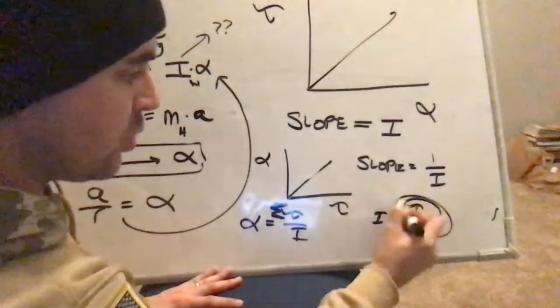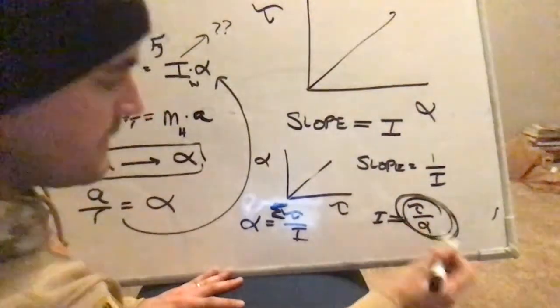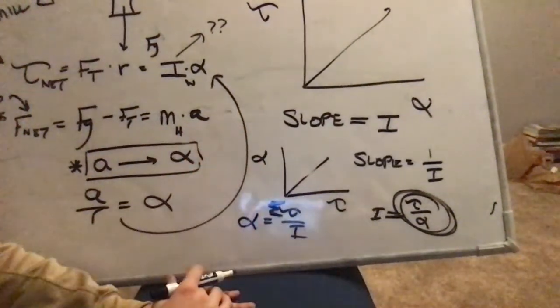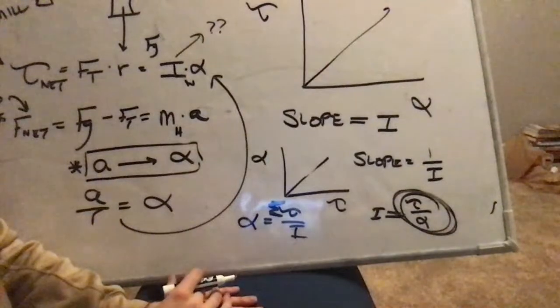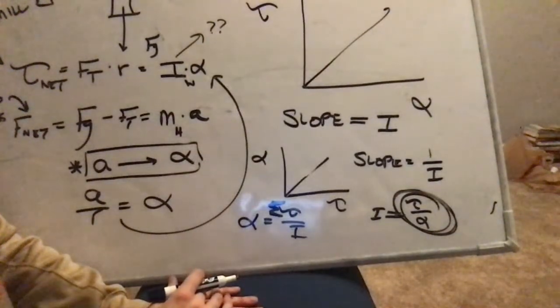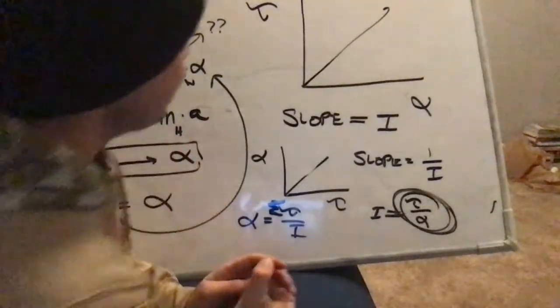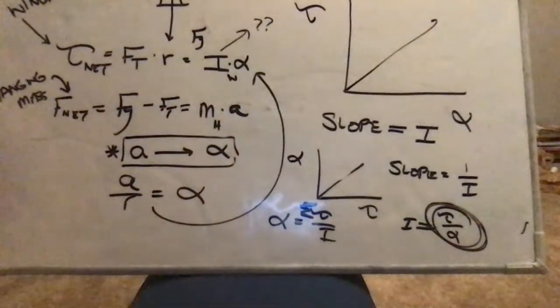So anytime I see torque over alpha, I know that is equal to my rotational inertia. So the slope of this graph is actually the inverse of rotational inertia, while the slope of the graph with torque on your y-axis is the rotational inertia of an object. That is a great question that pops up a lot of times on AP exams in May.